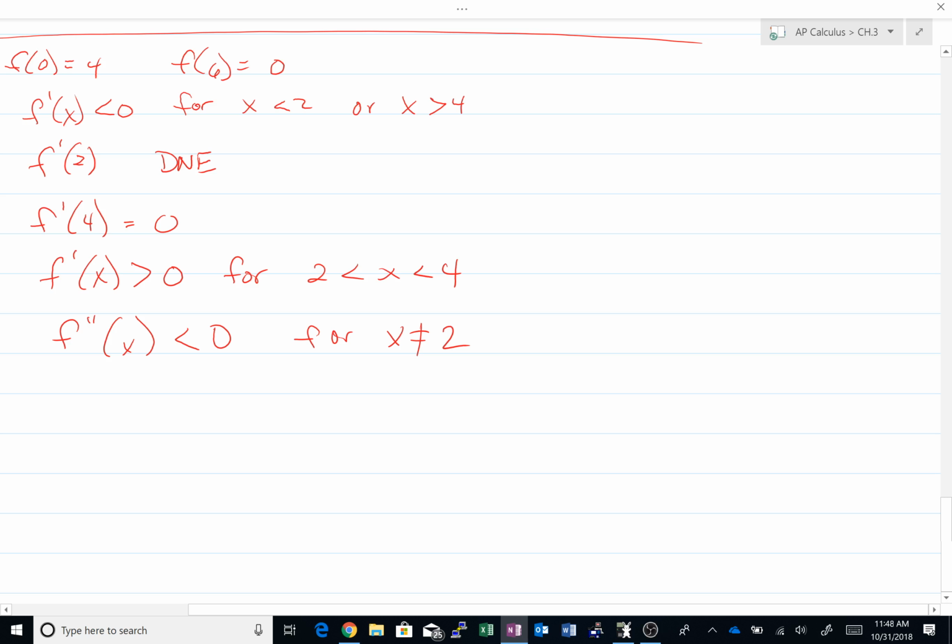This is less than 2. This one is saying second derivative is negative everywhere but 2. I'm talking about the top. X is less than 2.